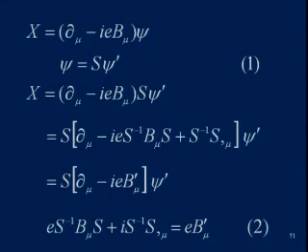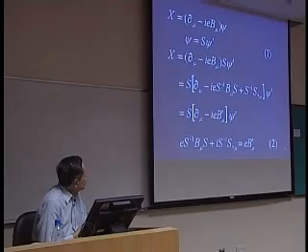And copying from the previous transparency, we write psi equal to S times psi prime, where S is a 2 by 2 matrix. And it has to be a 2 by 2 unitary matrix to conserve probability. So I substitute that psi into the X, I get this.